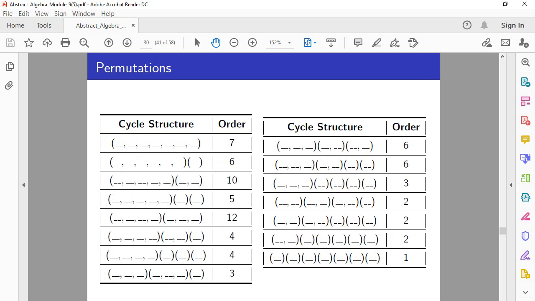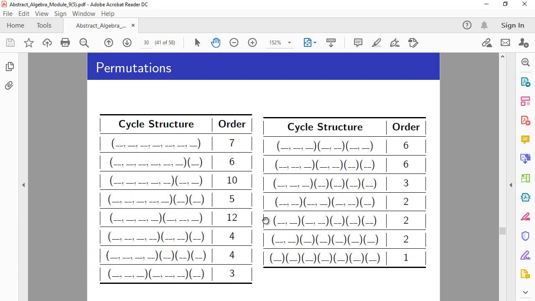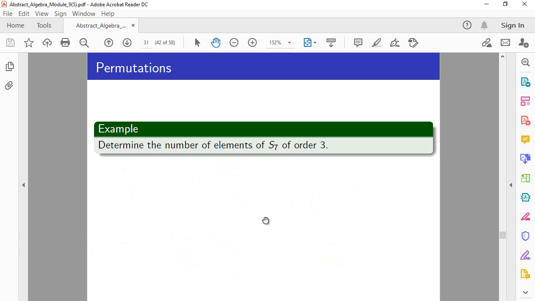Now let's say that I want to know the number of elements of S7 of order 3. If we have an element of order 3, then how will the disjoint cycle structure of that element look?